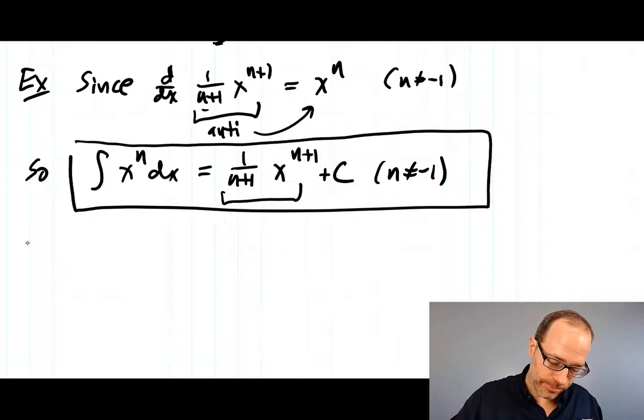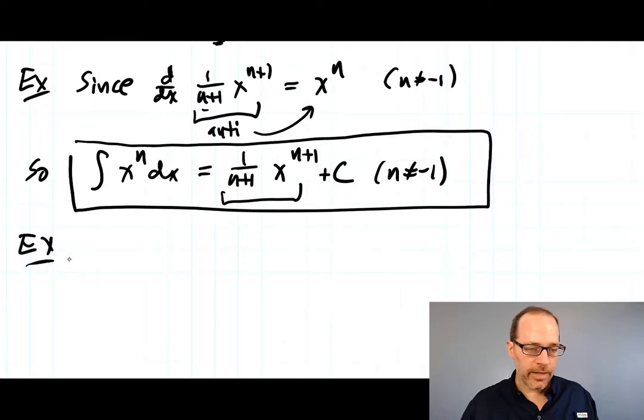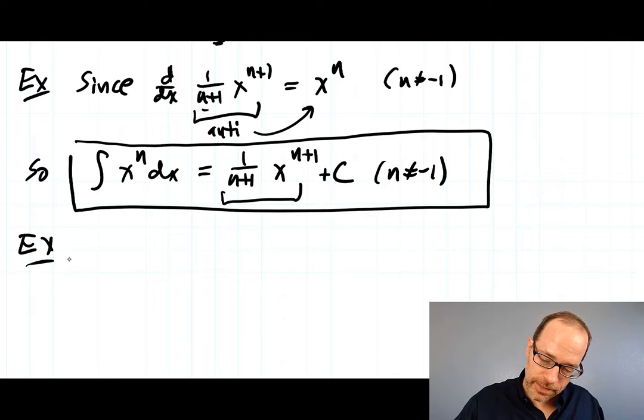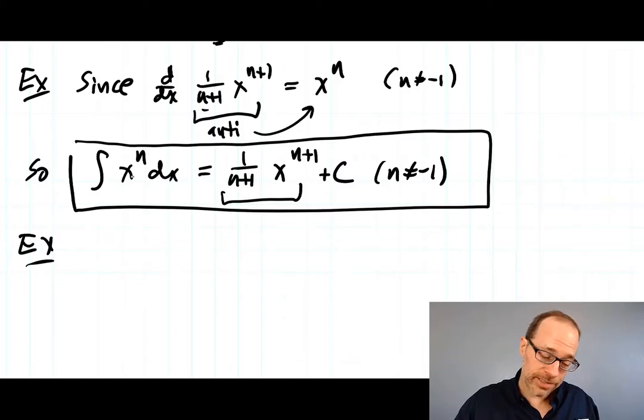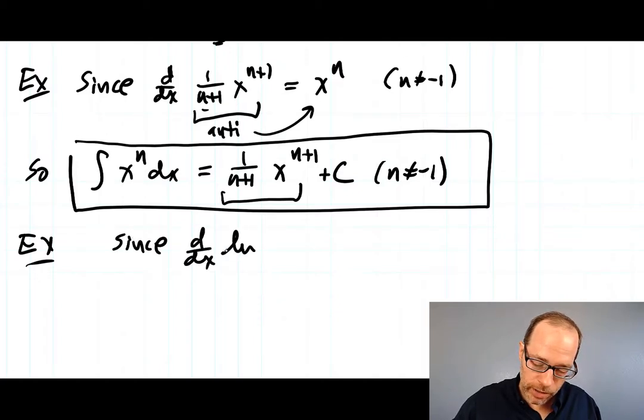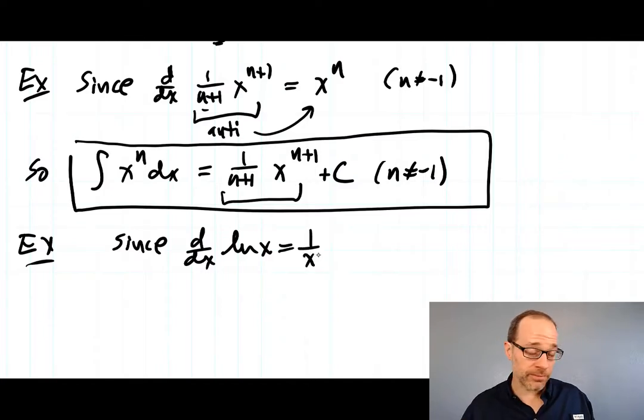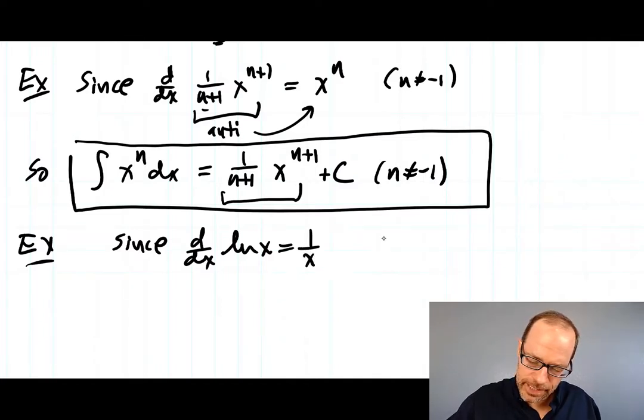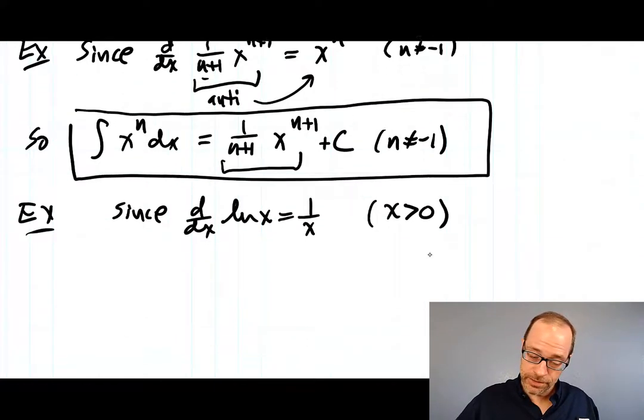Here's another one. Let's take care of this n equals minus 1 case. So that happens when you want to find an indefinite integral of x to the minus 1. So since d by dx of the log of x is 1 over x, that's the n equals minus 1 case, and technically x has to be bigger than 0 here to plug into the log.